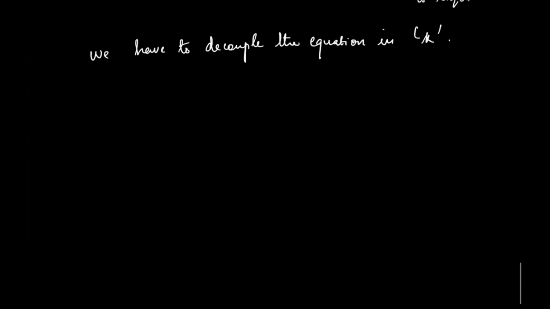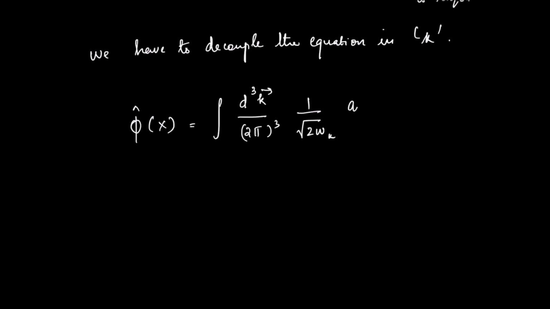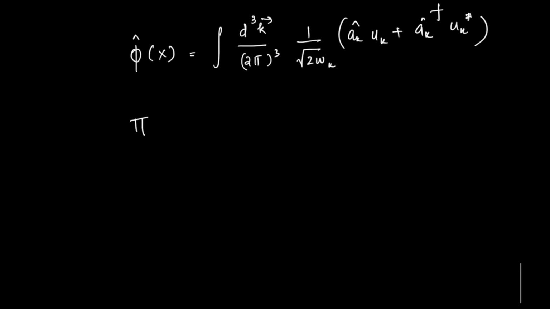So phi here, what I have is in terms of the position. Phi of x is equal to integral d cube k by 2 pi cube, 1 by root of 2 omega k, a_k u_k plus a_k dagger u_k star, and the momentum is the time derivative of the field, which is phi dot.